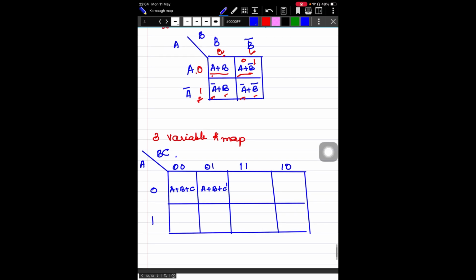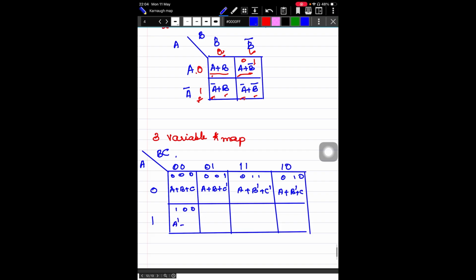What is this box? 0, 0, 0. How do you write that? A plus B plus C. 0, 0, 1. A plus B plus C dash. Here it is 0, 1, 1. So A plus B dash plus C dash. 0, 1, 0. So A plus B dash plus C. Here, what is it? 1, 0, 0.